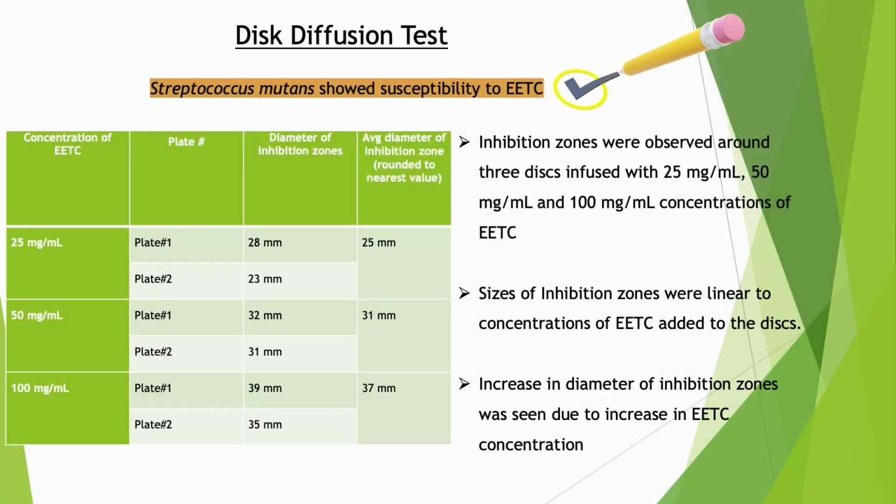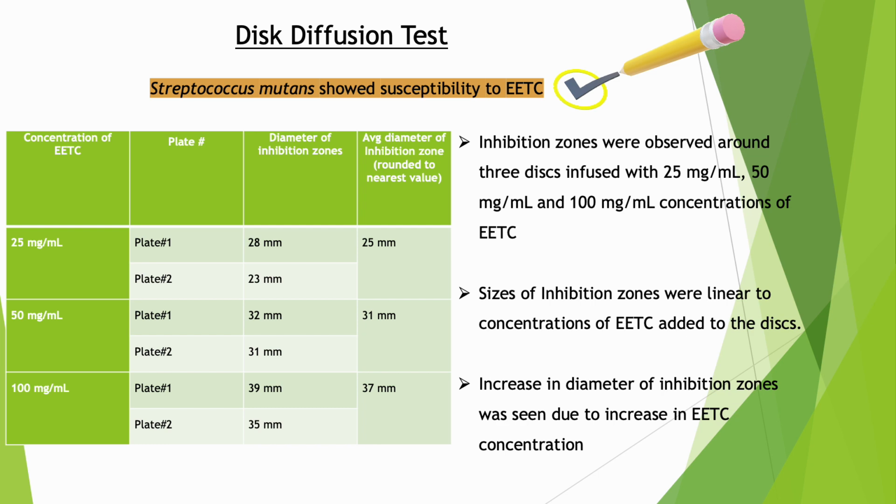Now the final test was to observe the susceptibility of Streptococcus mutans to ETC through the disc diffusion method. Here we observed clear inhibition zones around all the 3 discs infused with 25, 50 and 100 milligram per ml concentrations of ETC. The size of the inhibition zone was linear to the concentration of ETC infused to the disc.